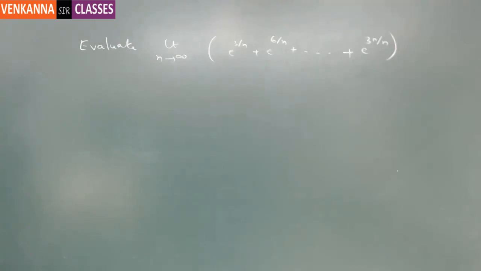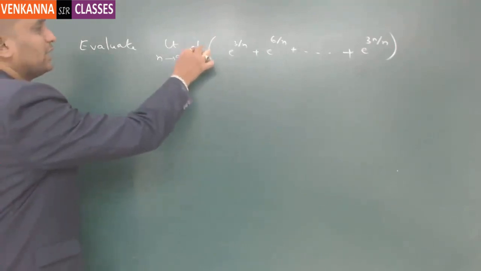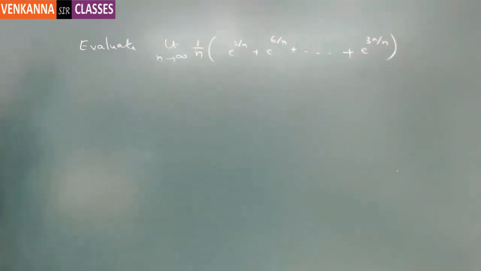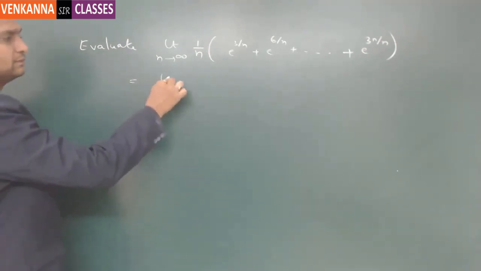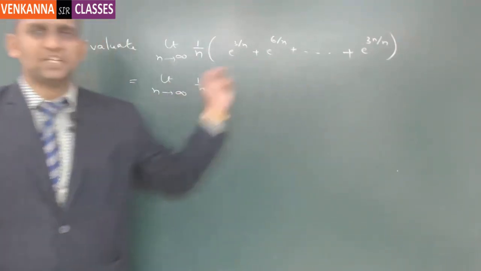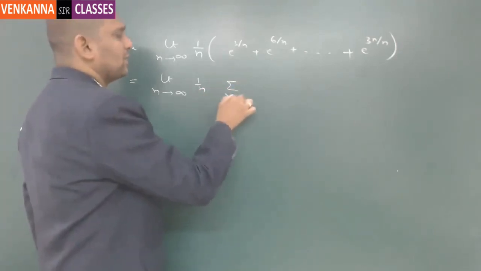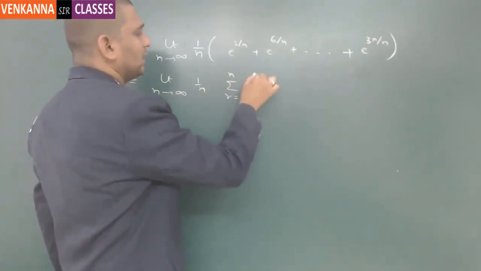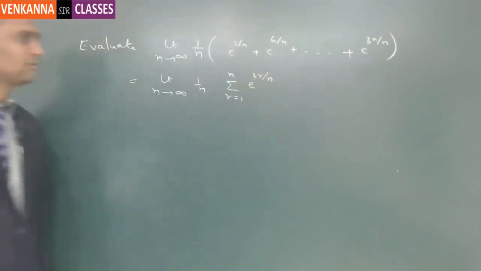Since we have the limit and summation is given, we can make use of integral as the limit of sum. And you need to take one more thing, that limit n tends to infinity 1 by n into this part. You take like that the problem. So the given problem can be written as limit n tends to infinity 1 by n. This summation can be written as summation r is equal to 1 to n e power 3r by n. Accepted?